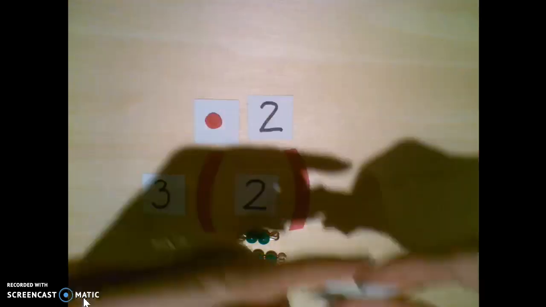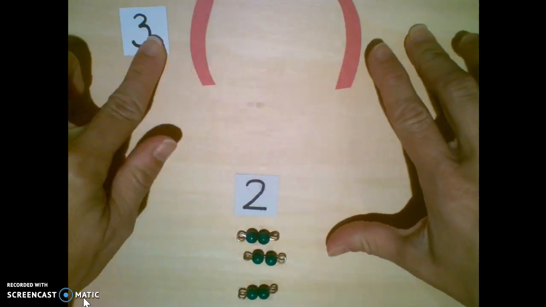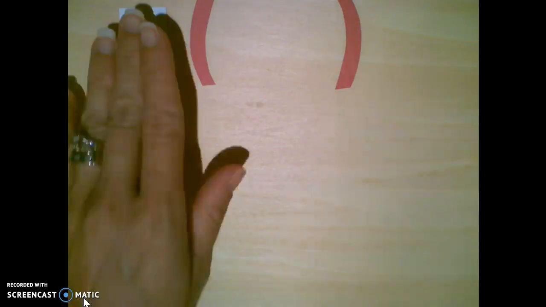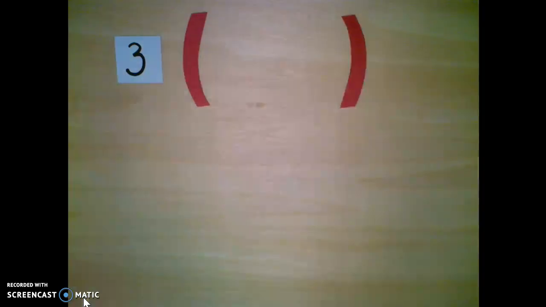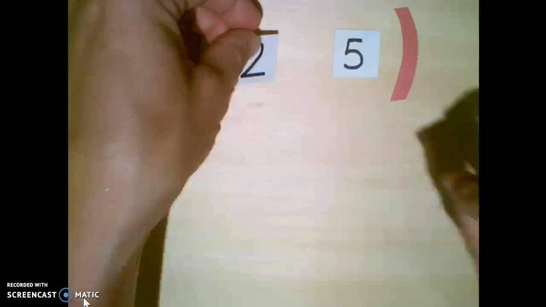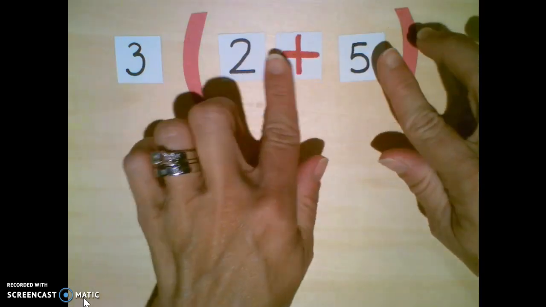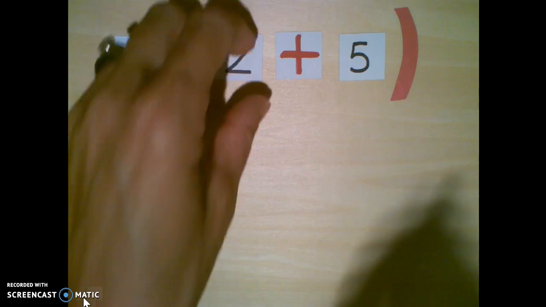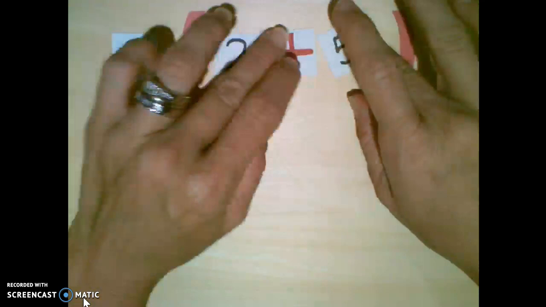Okay, all right, so let's take a deeper look at the distributive property using this symbol. Again, I'm going to start with 3. I'm going to take, but inside the parentheses, which we know means multiplication, instead of having one number, I'm actually going to have 2 numbers. I'm going to have an addition problem in here. So what this is telling me now is I need 3 groups of 2 plus 5.